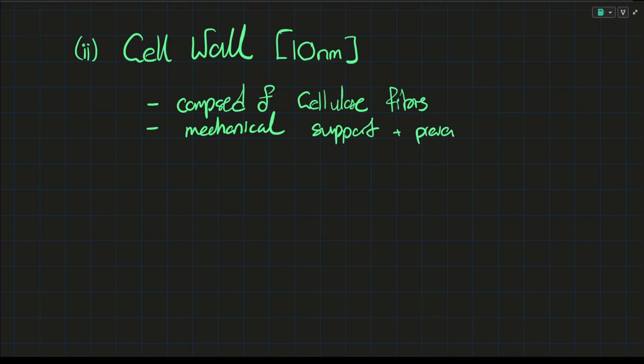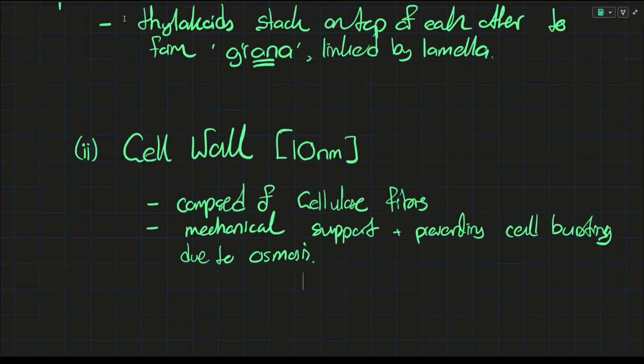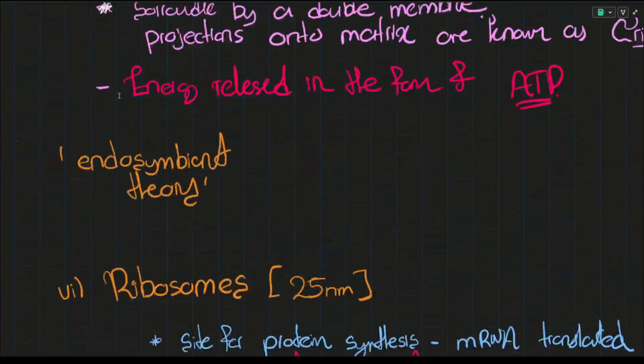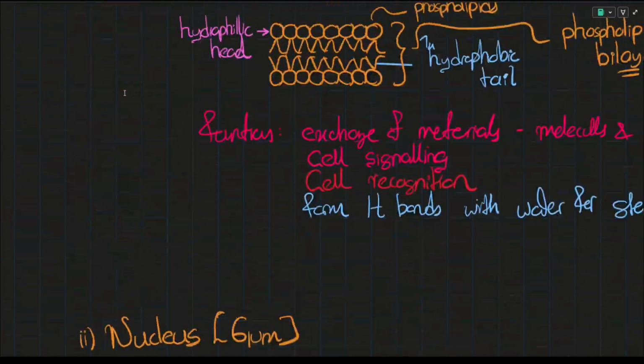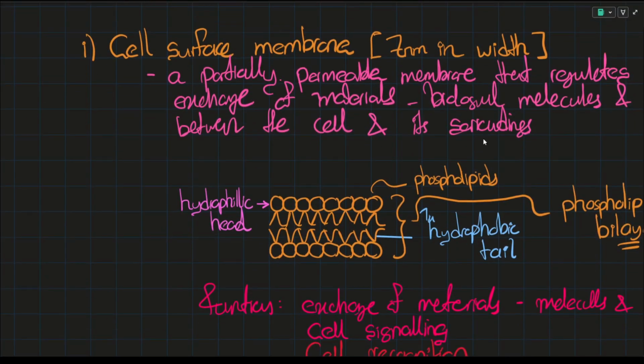And having a cell wall, if you remember, will prevent the cell from bursting due to osmosis. Now, when we talked about the cell membrane, let's go back all the way to the cell membrane. We specifically mentioned how it is only a partially permeable membrane.